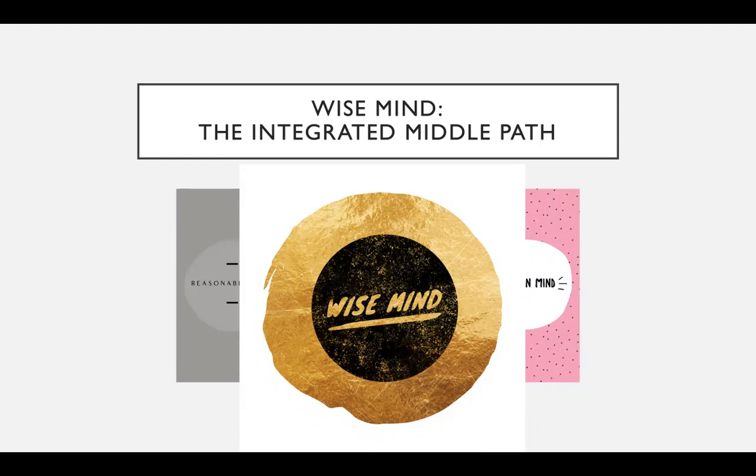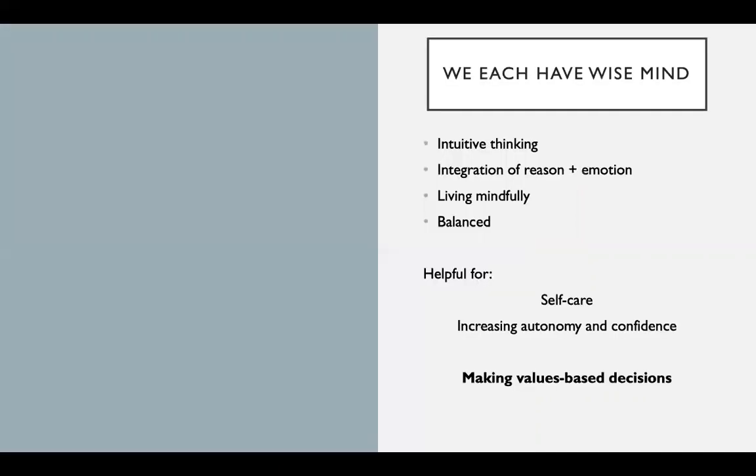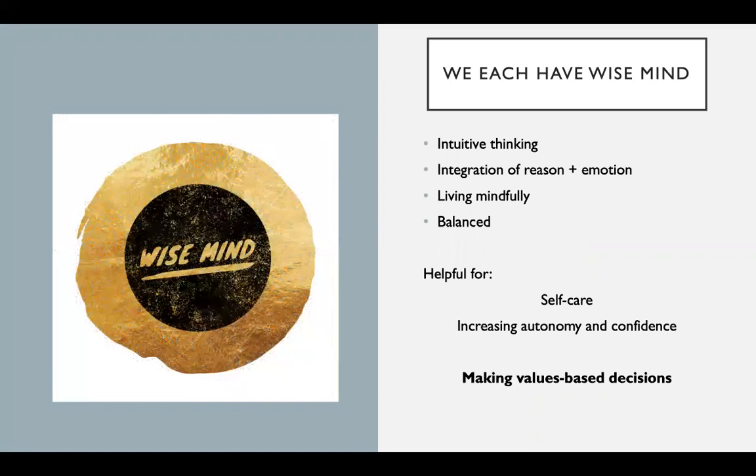I think of it as kind of like a synthesis, and it's like this intuition or intuitive piece to emotional experiencing and logical analysis. When we use that, it's said to be the most effective or skillful means for a few different elements, mostly for making values-based decisions, right? You need both emotion and reason, and wise mind synergizes to give you something even more than that through, as it says here, intuitive thinking and giving us this balance.